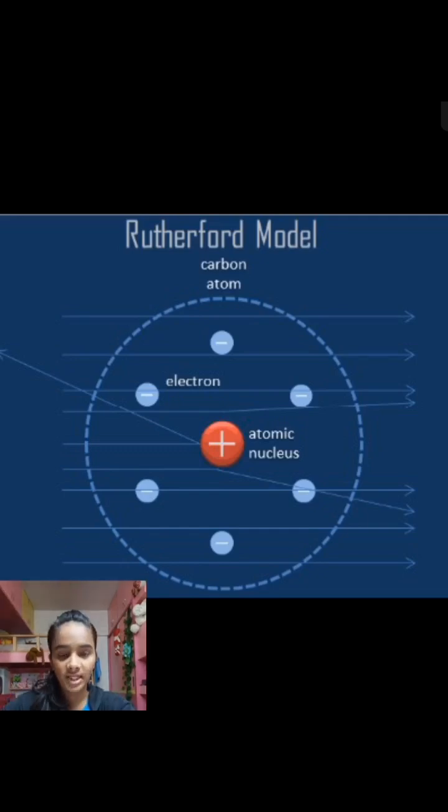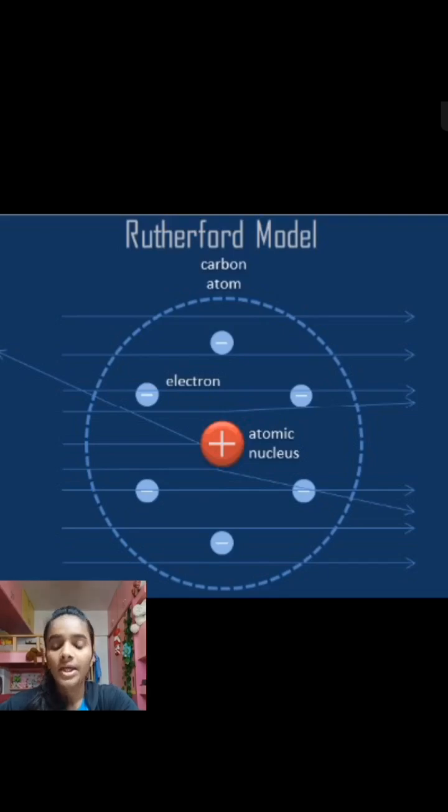Now we will see the drawbacks of Rutherford's atomic model. First, in Rutherford's atomic model, electrons revolve around the nucleus, and the attractive force of the positively charged nucleus would be balanced by the centrifugal force arising due to the rotation of the electrons.